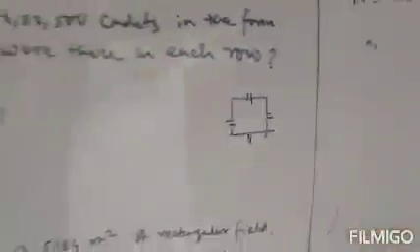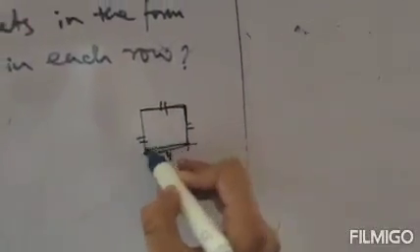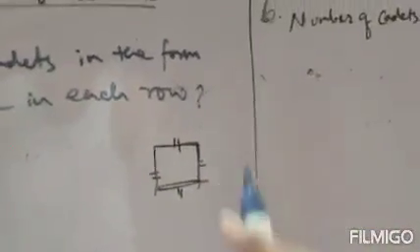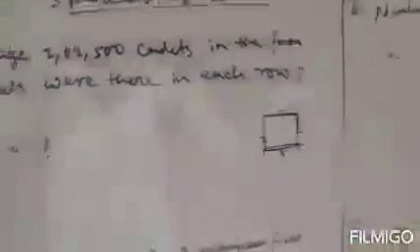So how many cadets were there? Now the total number of cadets will be the number of rows into the number of cadets in each row.